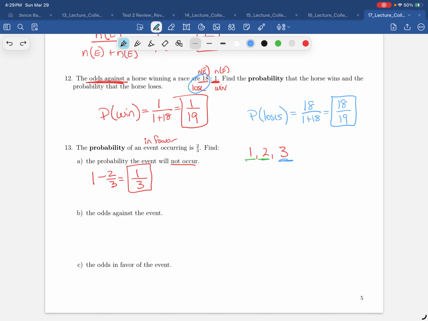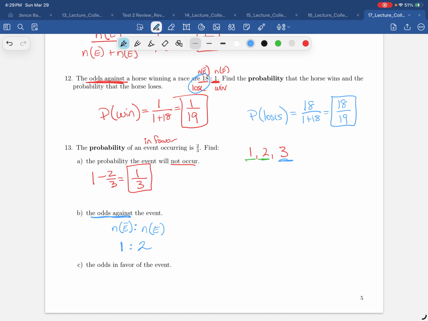The odds against the event occurring. Okay. Well, we can think of this. We want n of e prime or n of e bar. Now, because it's odds, it's not that fraction like before. The odds against the event, well, there's one of those, and then the number of times that the event does occur is 2. So it's 1 to 2 is a way to think about this.